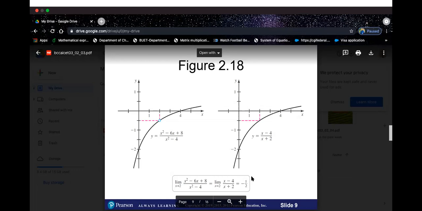Now you have an example of it. For the first function, if you plug in 2, you get an undefined value. That means your limit does not exist, right?